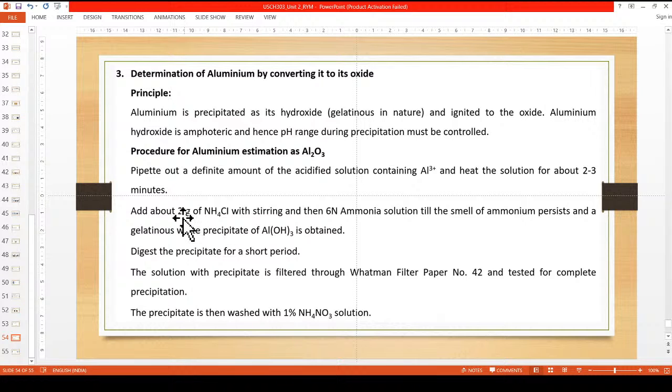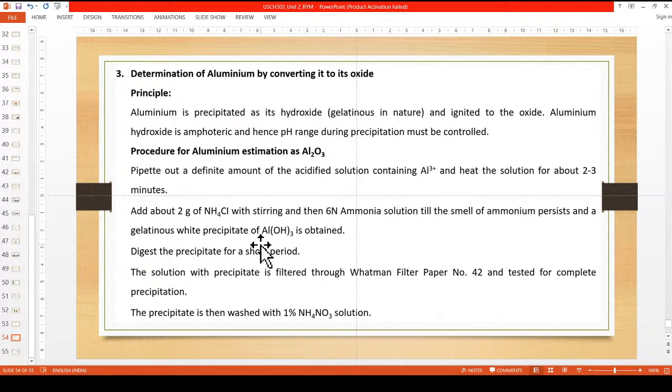Okay, ammonium salt, कोई भी ammonium salt, here ammonium chloride is added, and stir it constantly and add ammonia to maintain pH of solution. So when you will add ammonium chloride and ammonia solution, then you will get precipitate of aluminum hydroxide.